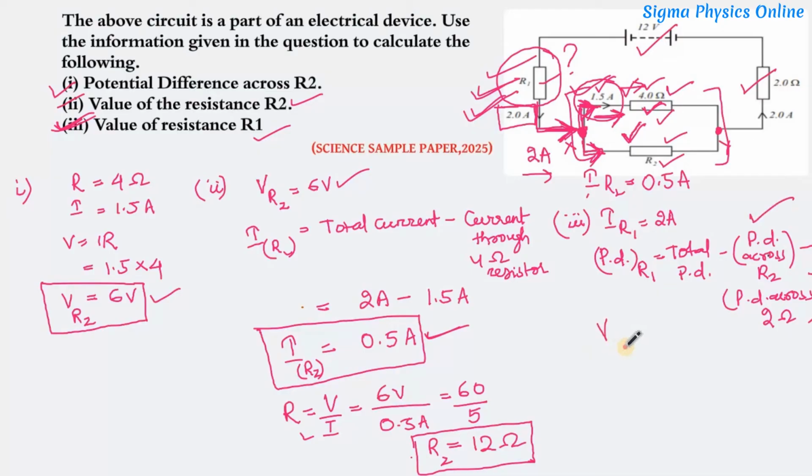The potential difference across the resistor R2 we got here as 6 volt.